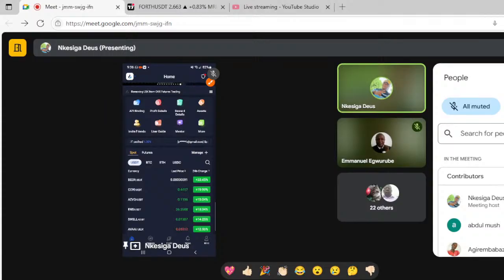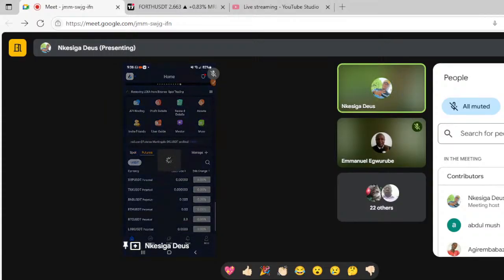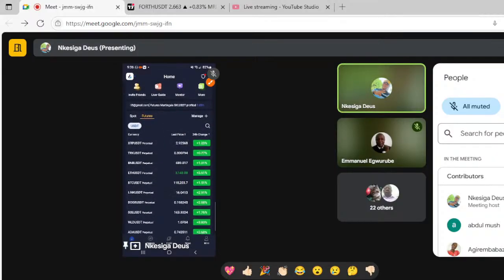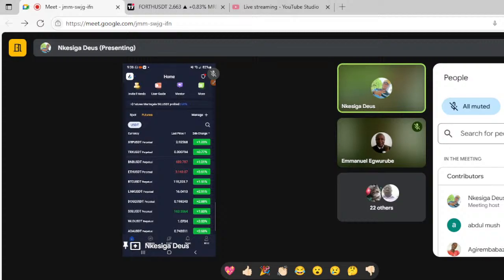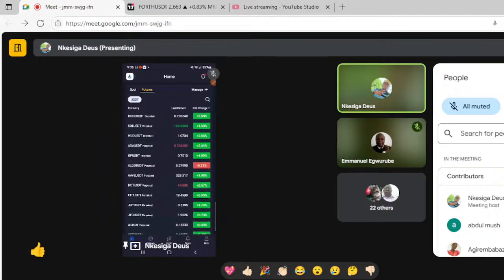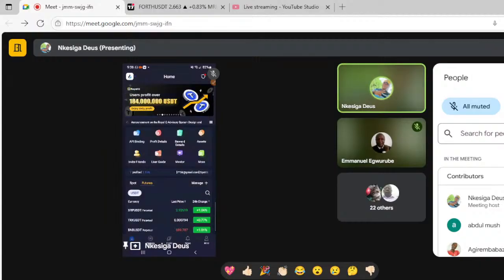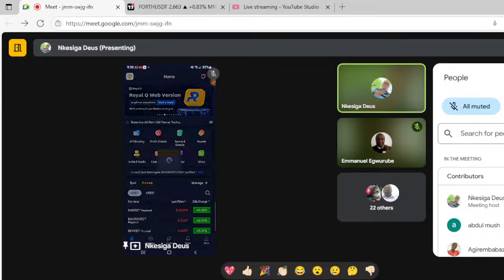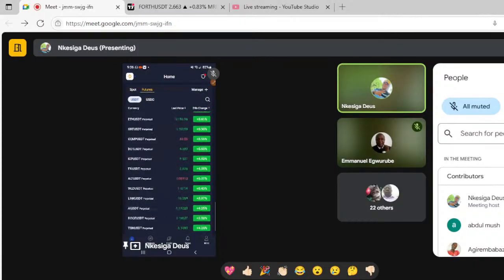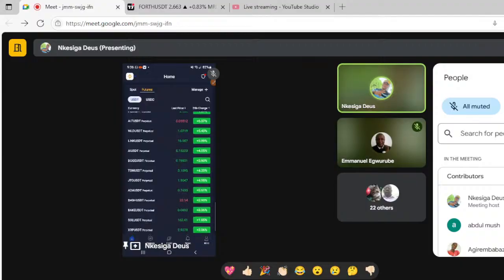If I switch to futures, all the coins you are seeing here can be traded on the futures account. In most cases they are not many when you are under HTX. But when we change HTX to Binance and switch to futures, these are the coins you can trade under futures on Binance.